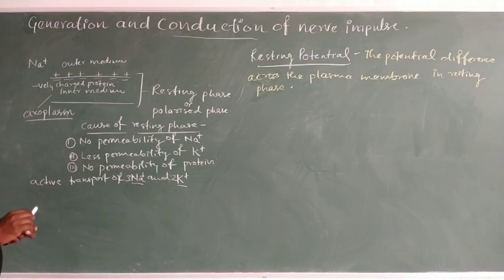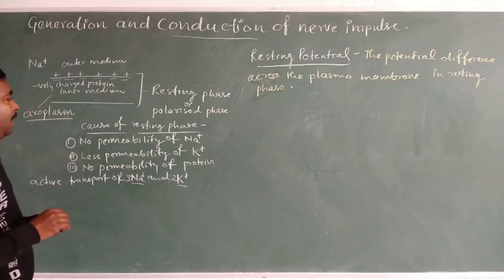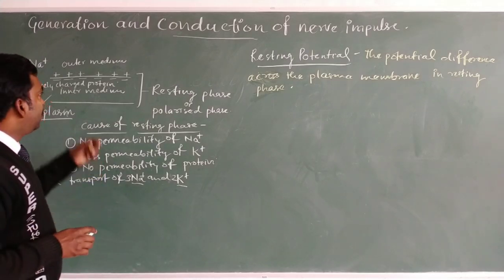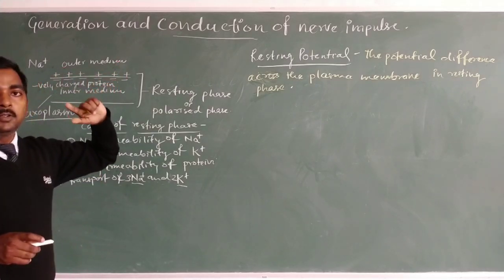So now we also discuss here how the impulse is generated along the plasma membrane of the neuron.